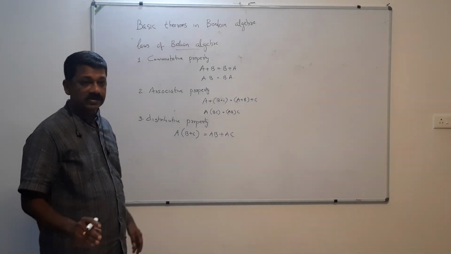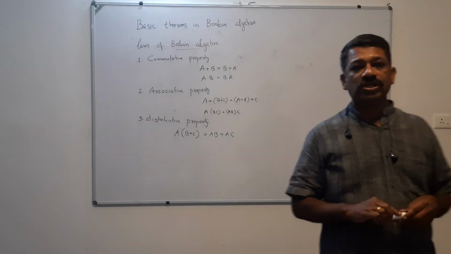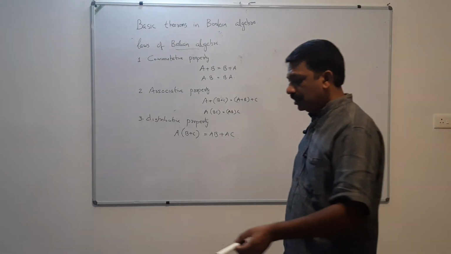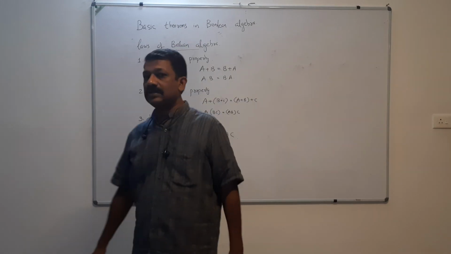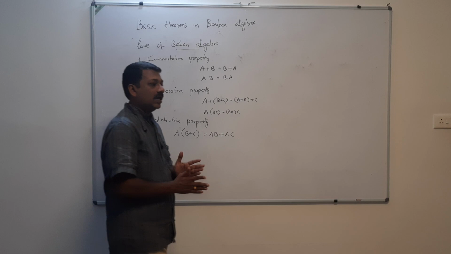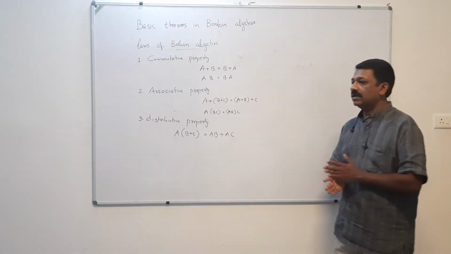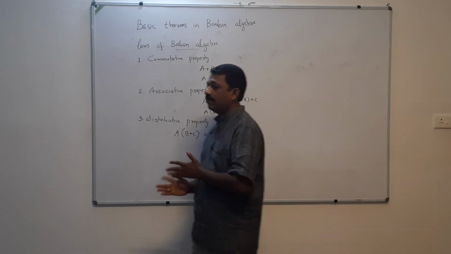With that, I am going to conclude this session, and in this class we have discussed De Morgan's theorem. De Morgan's theorem is A or B the whole bar is equal to A bar dot B bar, and A dot B the whole bar is equal to A bar plus B bar.